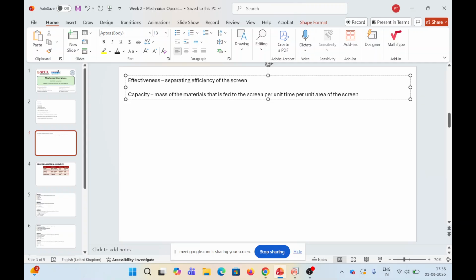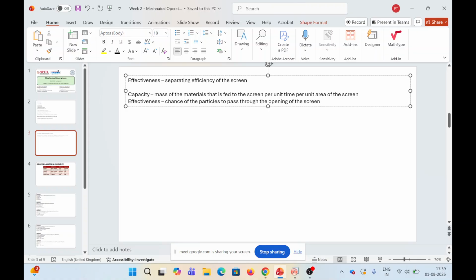And effectiveness is the chance of those particles to pass through the opening of the screen.